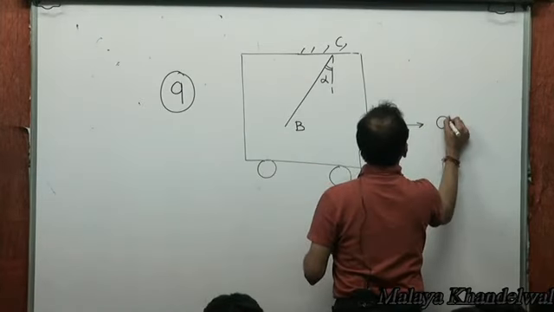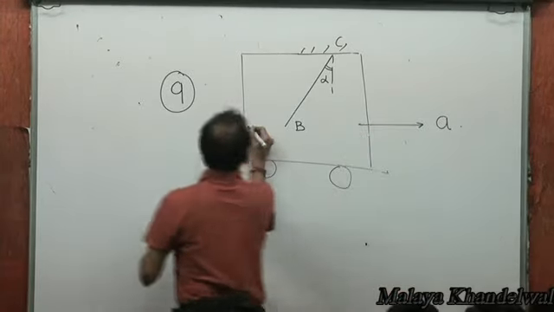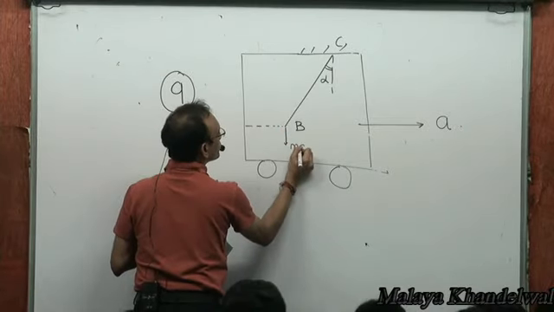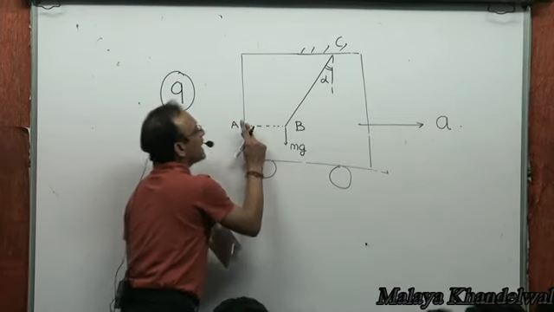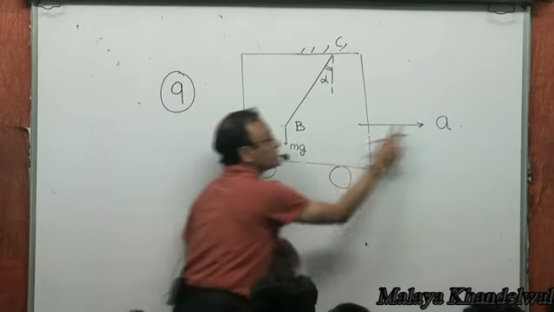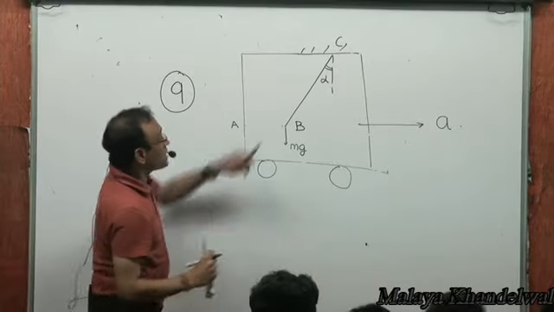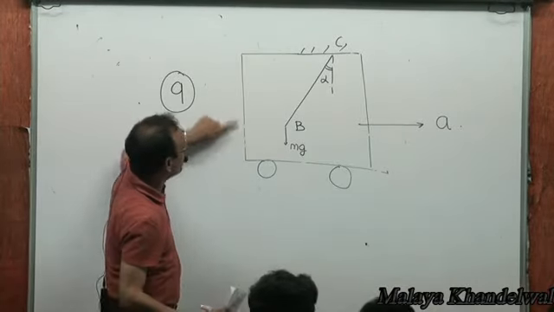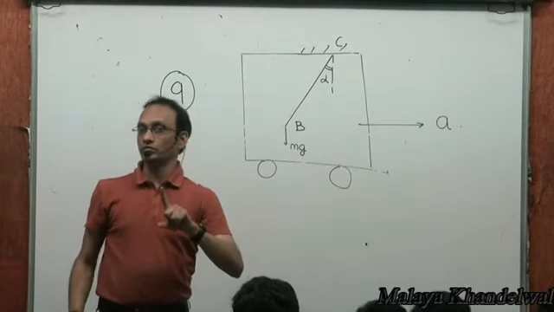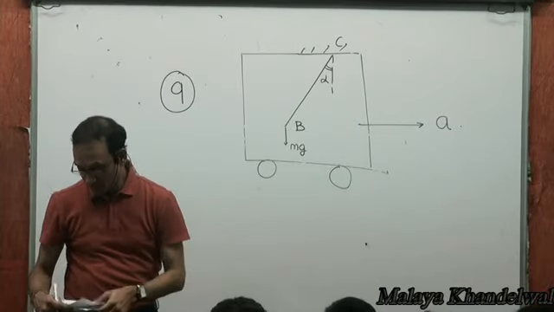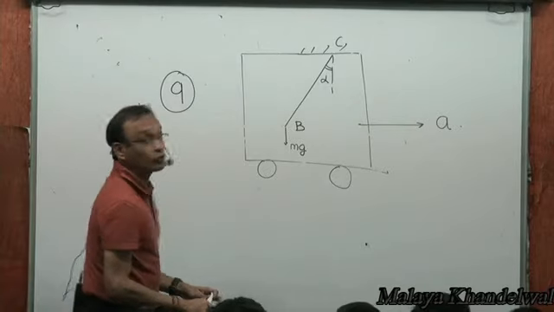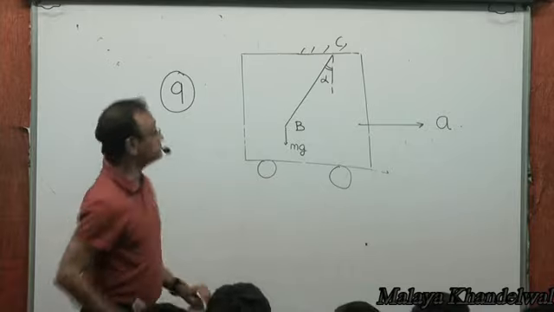And I want to give this automobile an acceleration A such that, with this being mg, even after I snap the string AB, it maintains an angle alpha with the vertical. This is what I want. All right. So I want to be able to find the value of A.